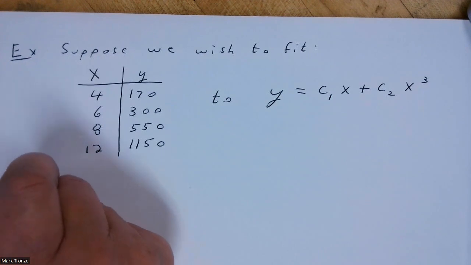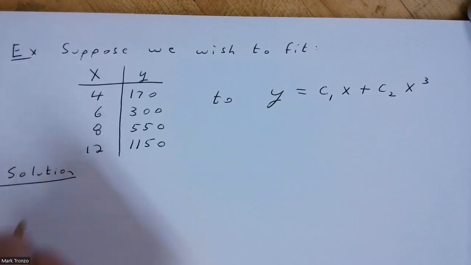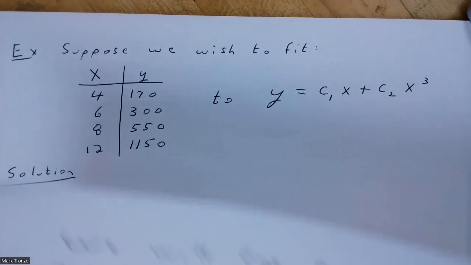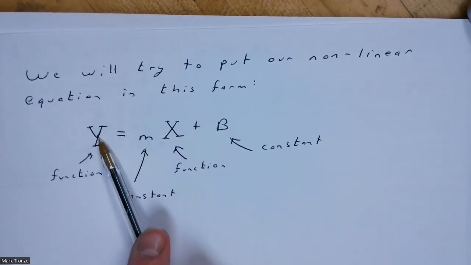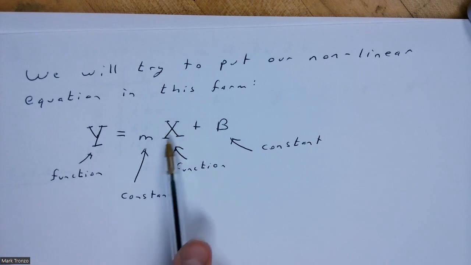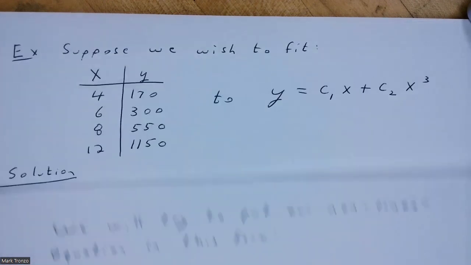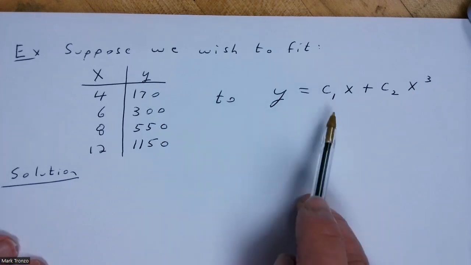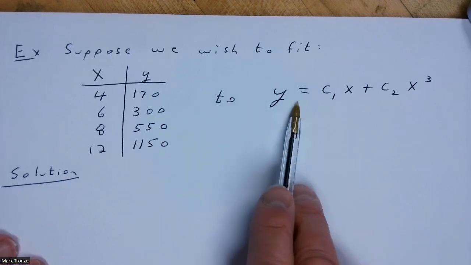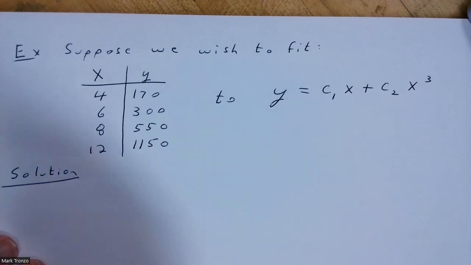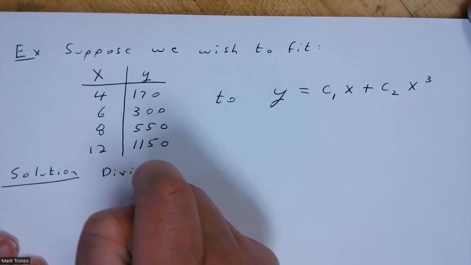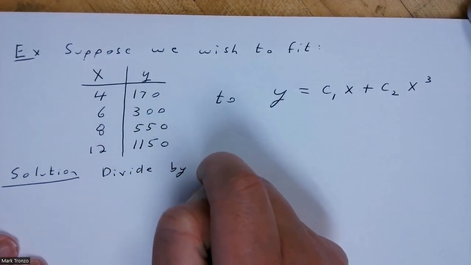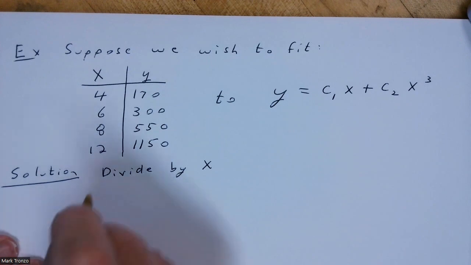So, solution. We want to get something in this form, where we have a function on the left, and a constant times a function plus a constant. There's a couple of ways we could do this. We can divide this equation by x. What's that going to give us?